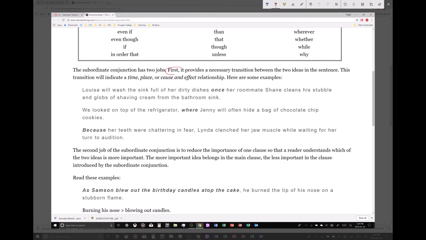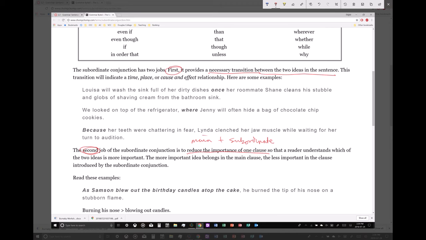Remember, the first job is a transition between two ideas in a sentence. And the second job, and this is more detailed than what we have seen before, it reduces the importance of one clause. Now remember, you have a main clause and a subordinate clause.